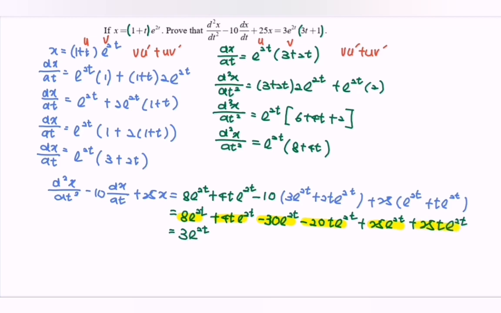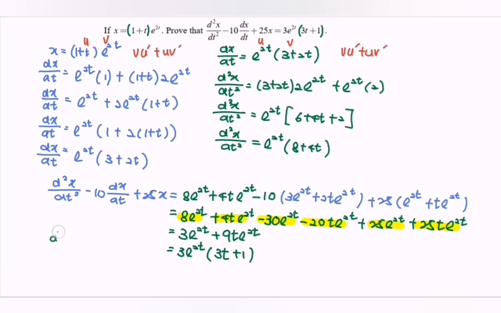Then plus 25t e^(2t), so here we have plus 9t e^(2t). So kindly factor out the exponent and also the 3. So 3e^(2t)(3t + 1).